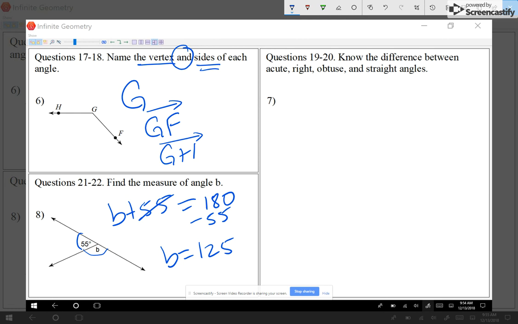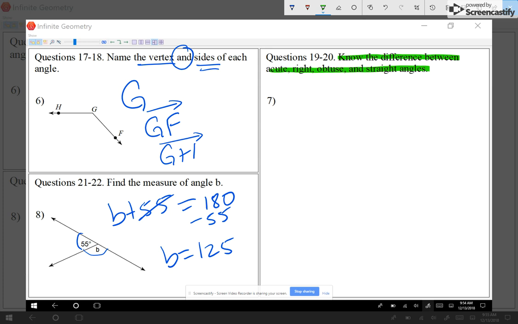Now, question number 7 says, know the difference between acute, right, obtuse, and straight angles. In fact, on your homework, you will have the same instructions. I'm not asking anything.